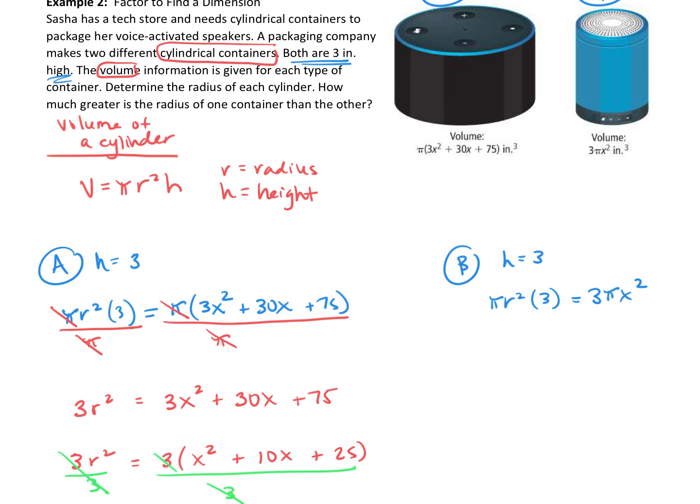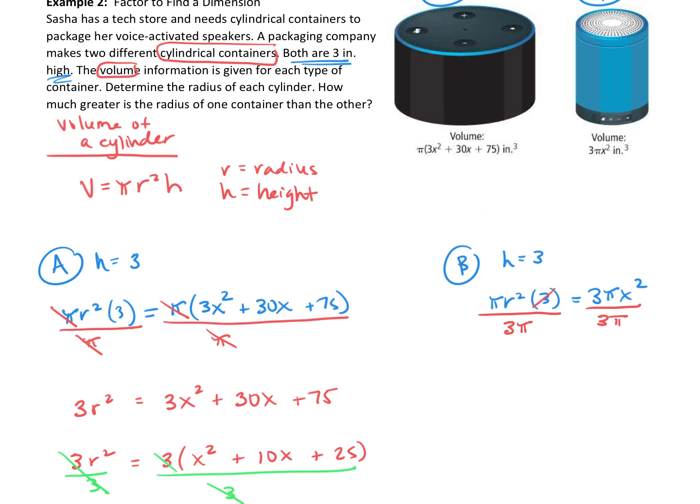Okay, so I notice in our volume formula, there's a pi being multiplied by r squared and a 3 being multiplied by r squared. Over in here, the volume of speaker B, we have a 3 times a pi times an x squared. So we can divide by a 3 and a pi all at the same time on both sides, and you'll see why we're going to do this.